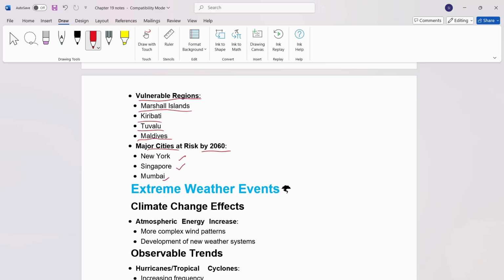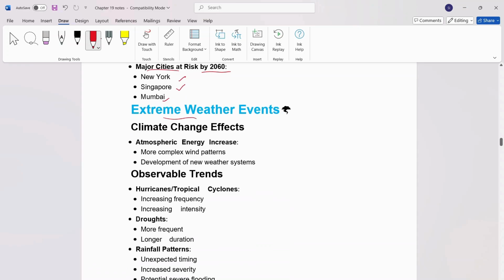Let's talk about extreme weather events. Climate change effects: atmospheric energy increase, more complex wind patterns, development of new weather systems. Observable trends include hurricanes and tropical cyclones with increasing frequency and increasing intensity.